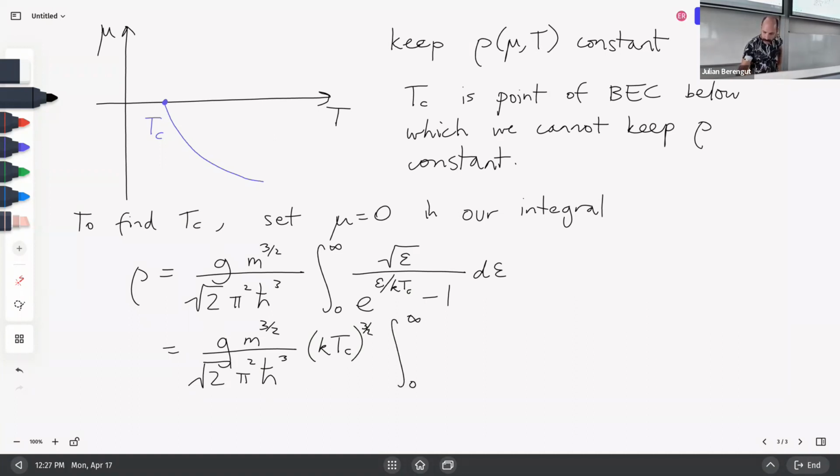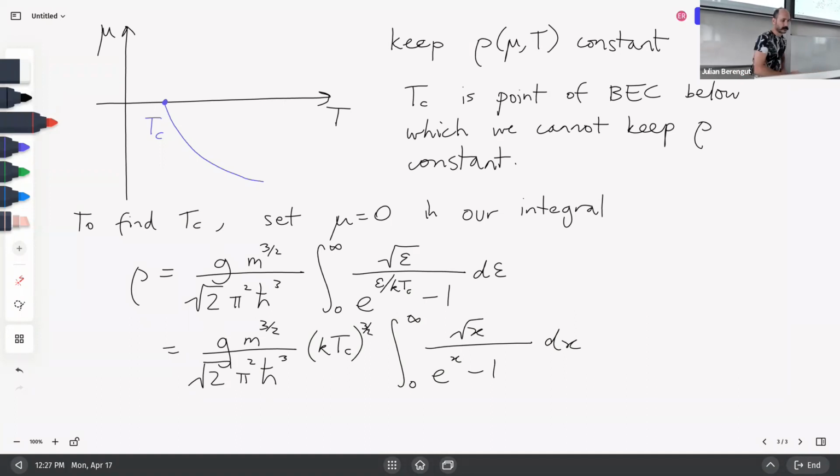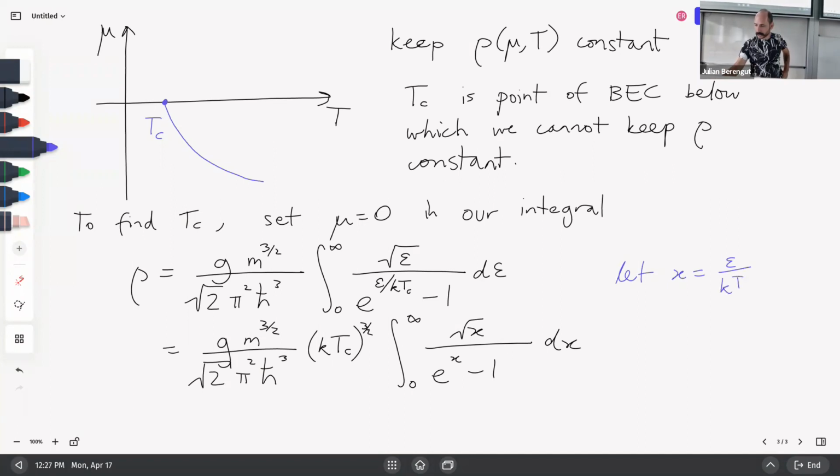So square root x over e to the x minus 1 dx. So there's no free parameters in that. I used, this is just some arbitrary, let x equals epsilon over kTc. All right, fine. So do this integral, and then this integral has a numerical value.